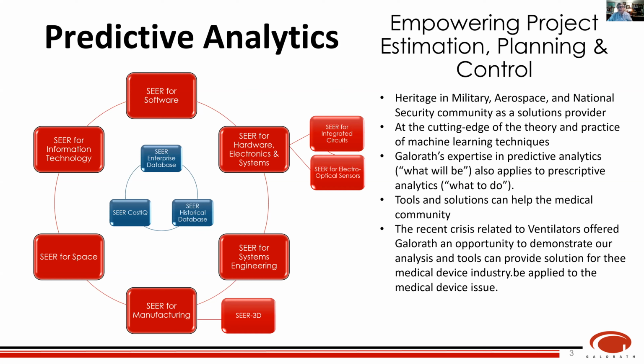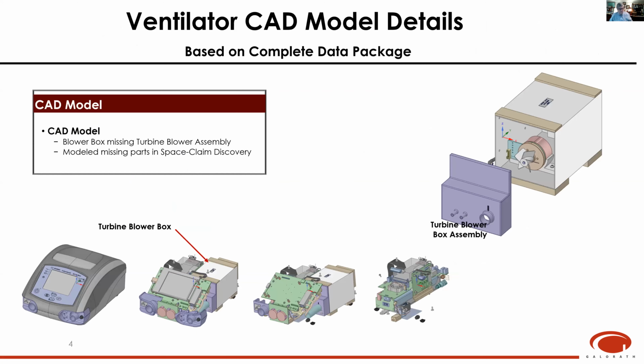So that being said, I'll get right into the meat of the presentation. First thing we did was we took a complete data package of a current ventilator, built CAD models, complete designs to explain exactly what the system looked like.